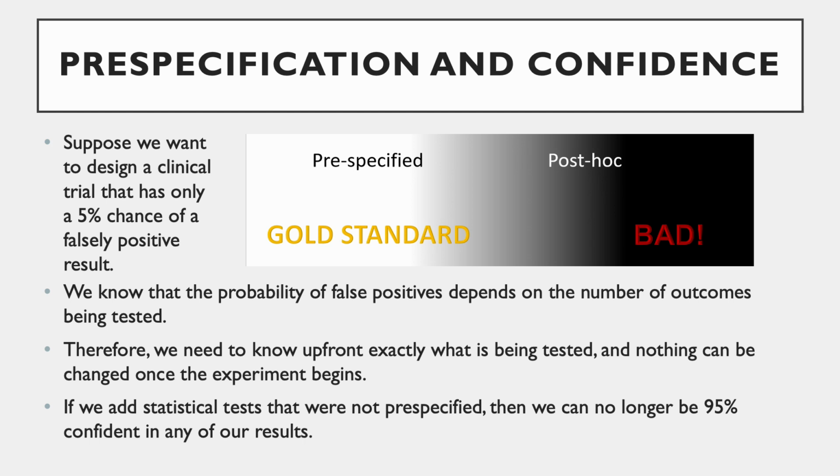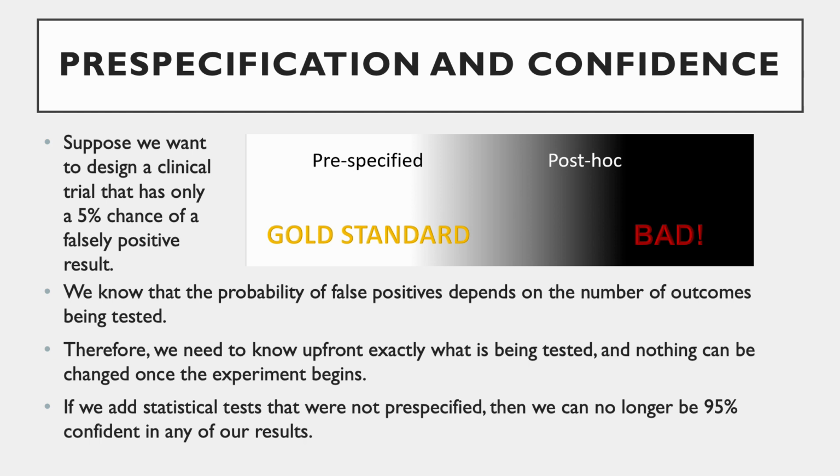So that means that if we're going to set the alpha levels of each of those tests precisely in the way that gives us a 95% confidence experiment, then we have to know up front exactly what is being tested and how many things are being tested. And once we know that, and the experiment is designed, then we can't deviate from that protocol, because any deviation leads to a different experiment.